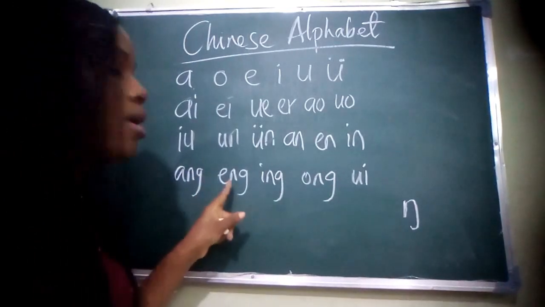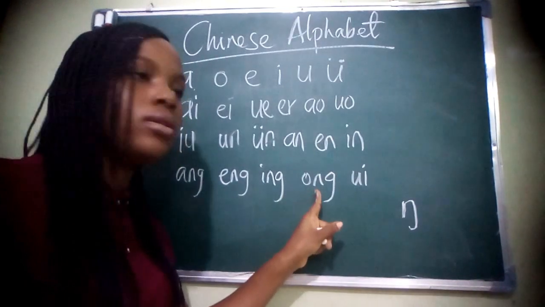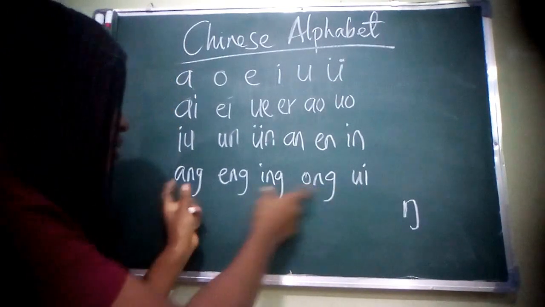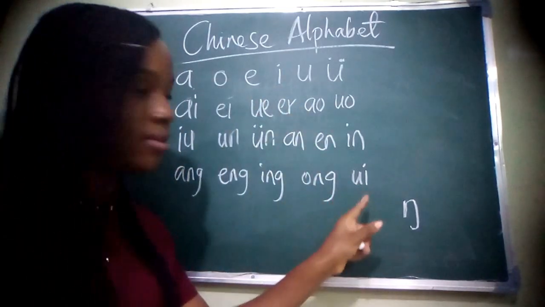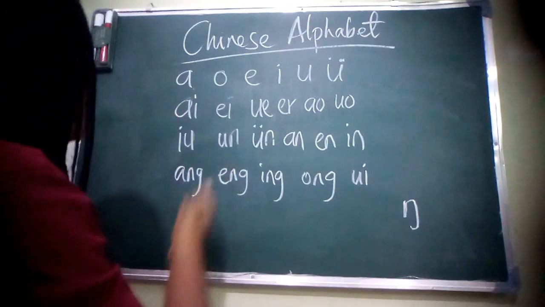Ang, in, ong, wei. Sorry, this is here. It's not actually like this, but I forgot to put it here and later remembered it. That's why it's here. So these are the finals.